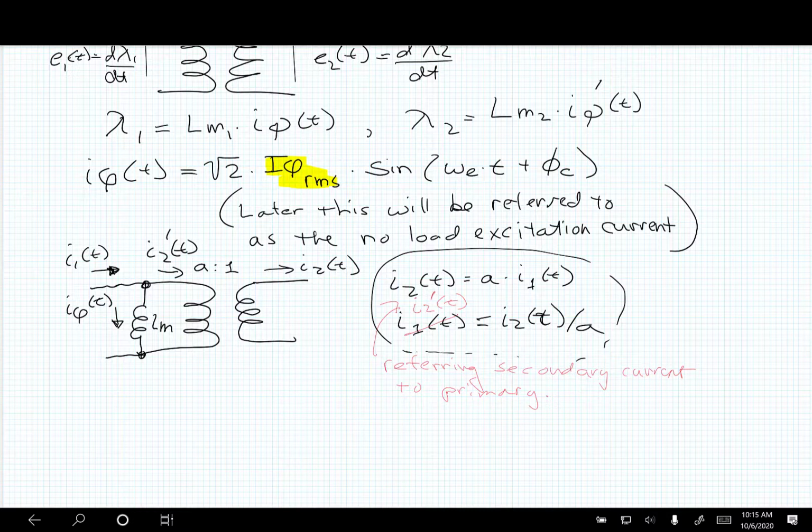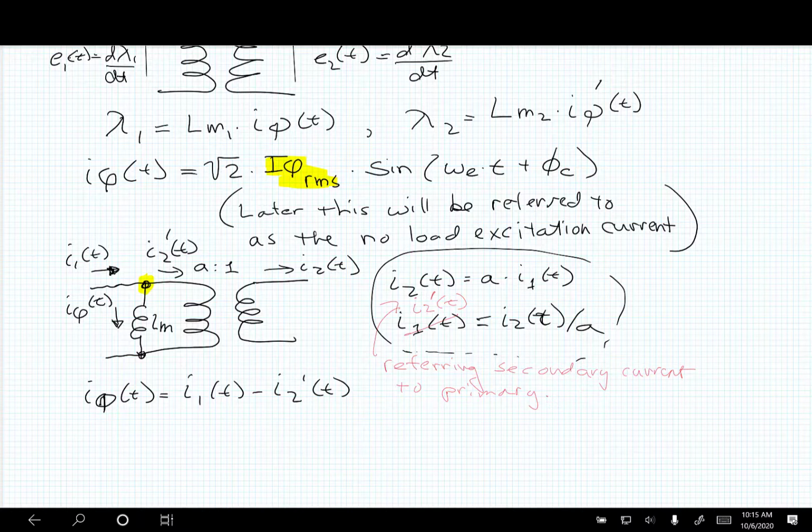I've moved it to the other side of the transformer, and I really have here a current node. And so the excitation current is equal to I1 of t minus I2 prime of t.